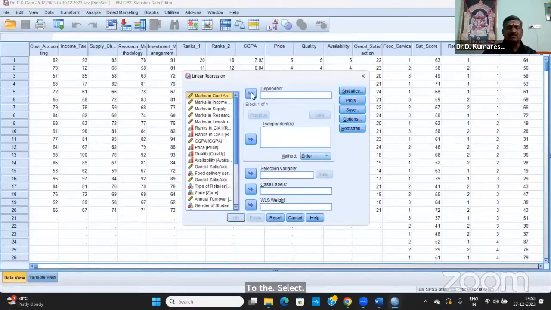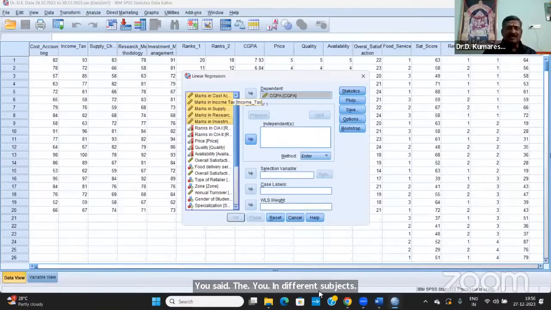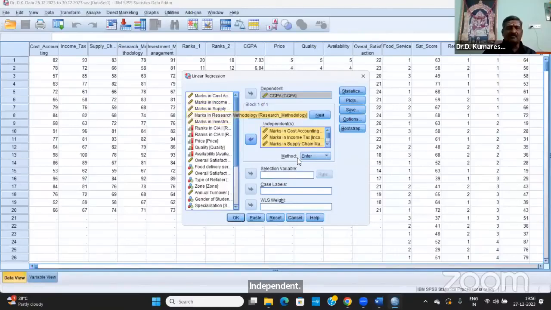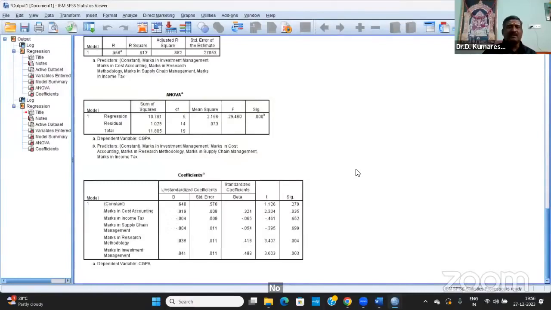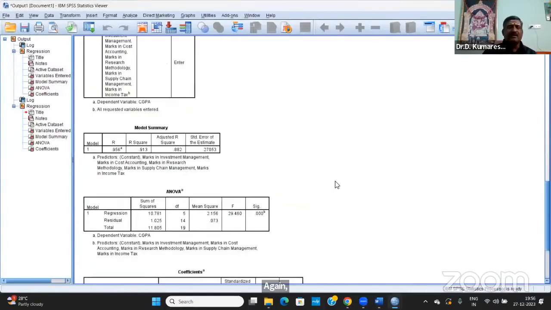CGPA is the dependent variable. Marks obtained in different subjects are independent variables. Now click OK. Again, 4 tables are given.